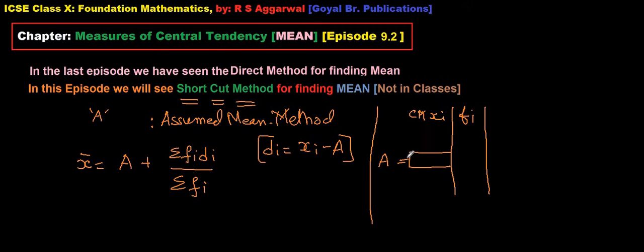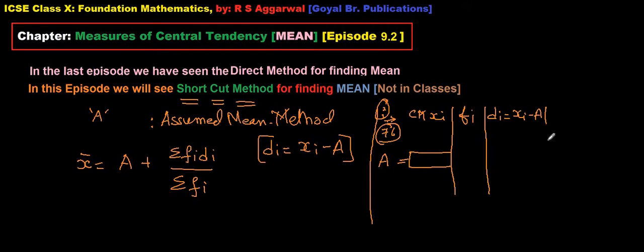But it is better to take the assumed mean from the center. So suppose there are 7 observations, like 1, 2, 3, 4, 5, 6, 7, then from the top 3 and from the bottom 3, you select the 4th observation as your assumed mean. So the assumed mean a is one of the xi.